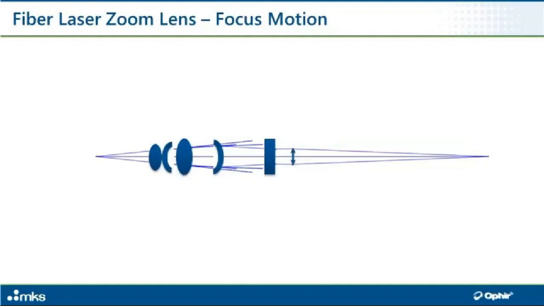Okay, I will show it again, but the principle is that as you move this lens, the BFL, the back focal length, is getting bigger and bigger. So the position of the focal plane is changing continuously. Let's see it again by moving to the other side.